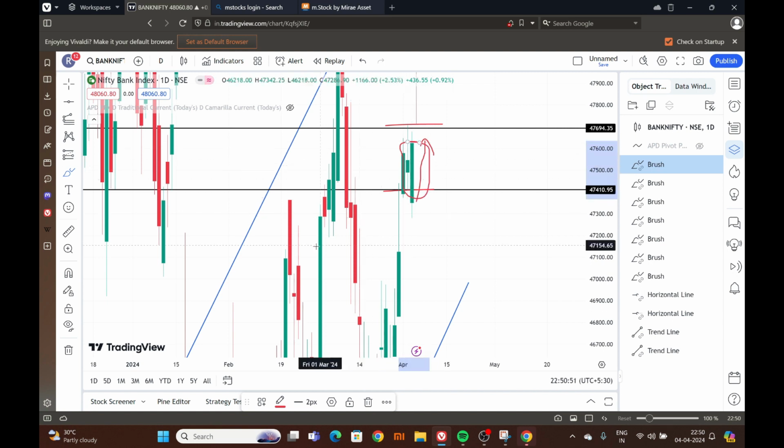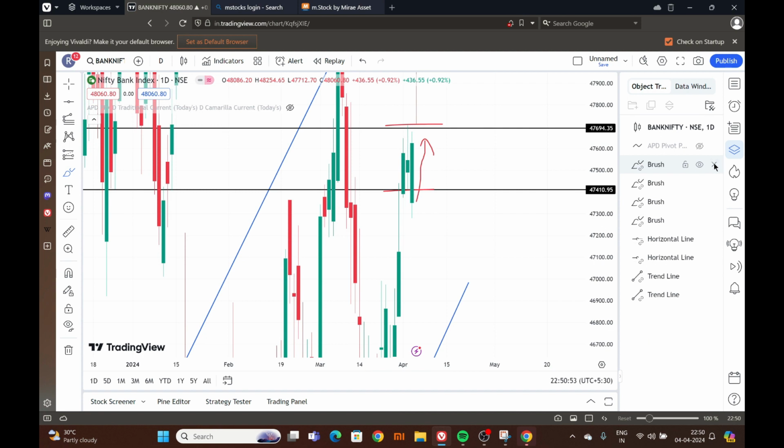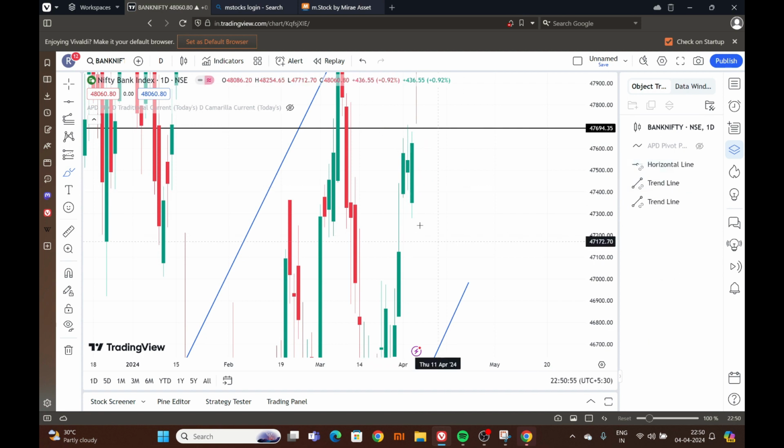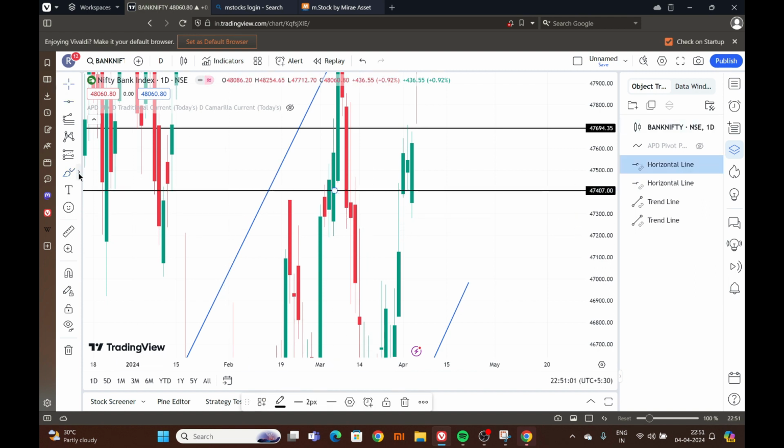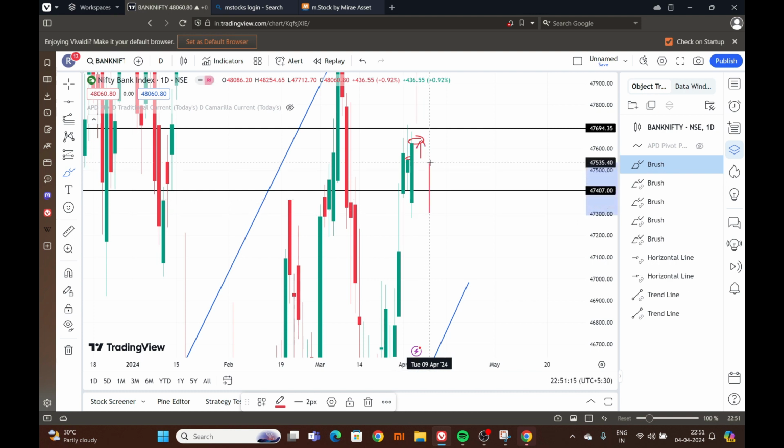Engulfed, but what's more important here is the close price. You can see the most important thing is the close price. This is the close and this is the previous day's close, and the close was higher than the previous day, so it means the bulls took control here.